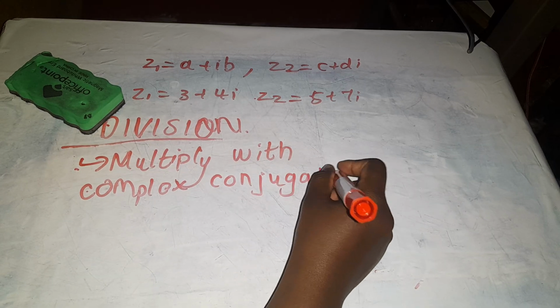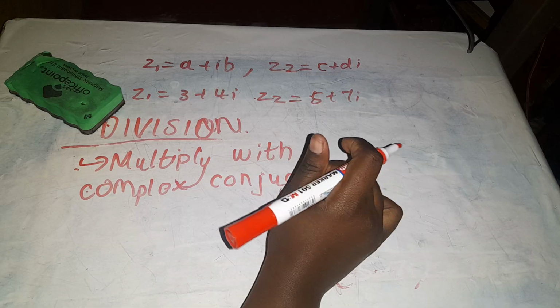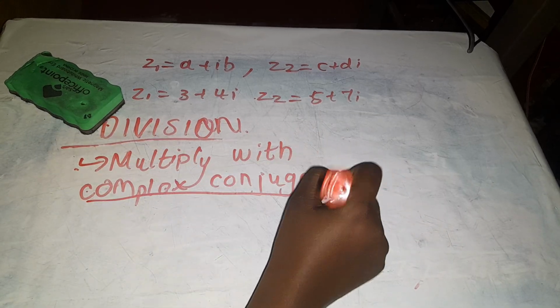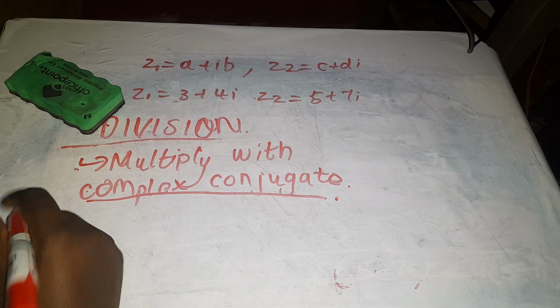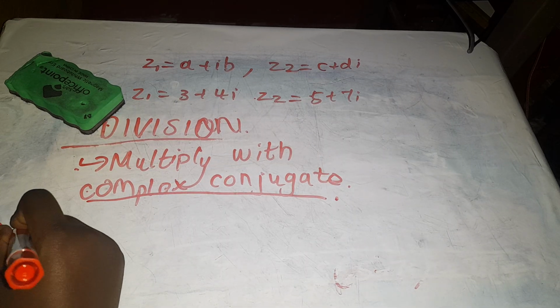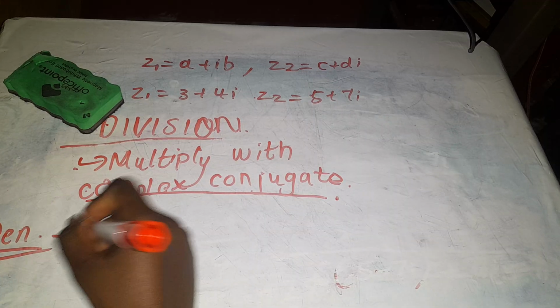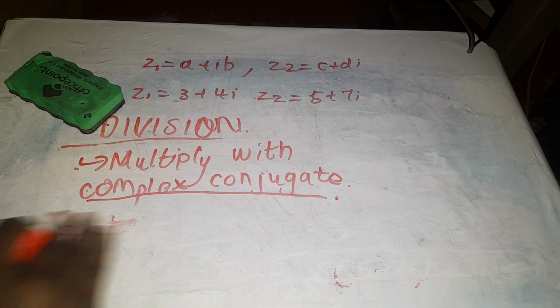What I mean by the complex conjugate is you take the denominator, then you put a negative. I hope you get me.